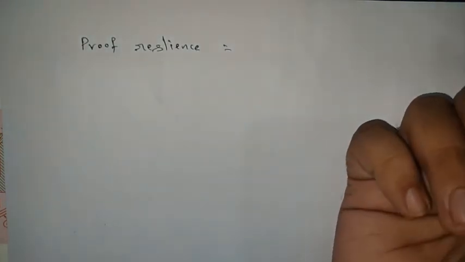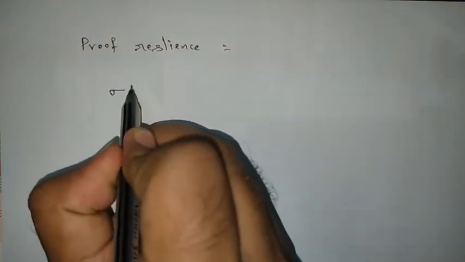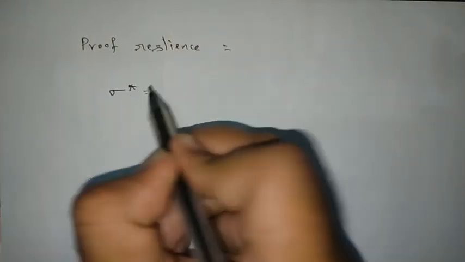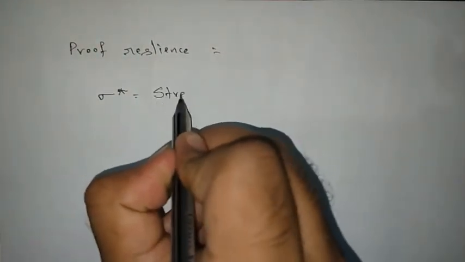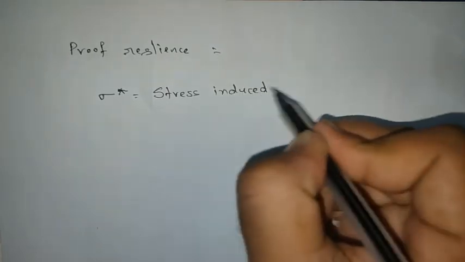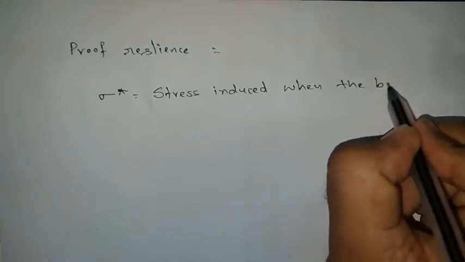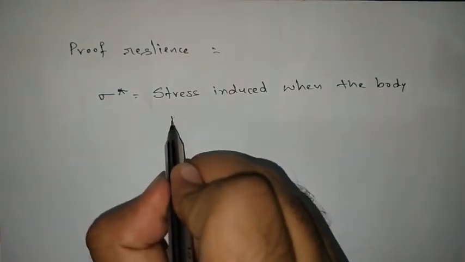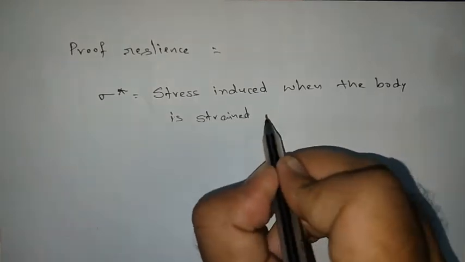Suppose the body is stressed up to the elastic limit, and that stress value is sigma star, the stress induced when the body is strained up to the elastic limit.